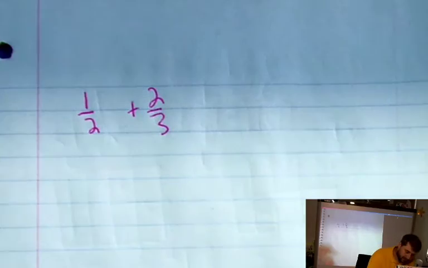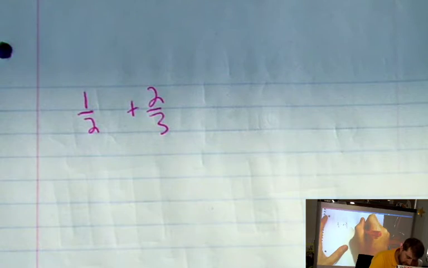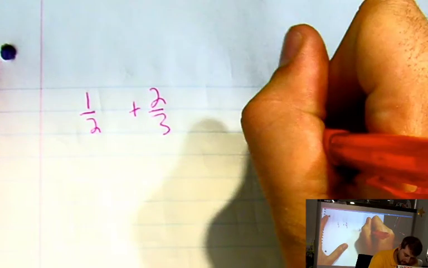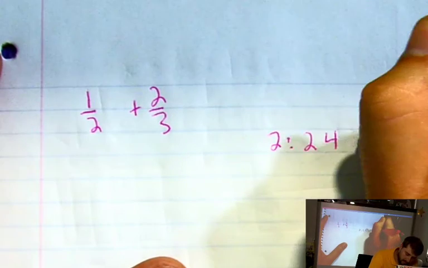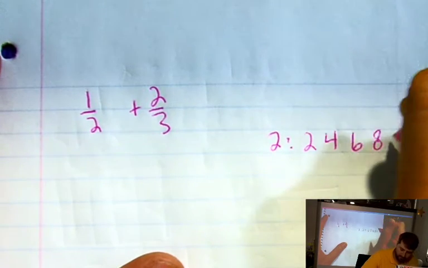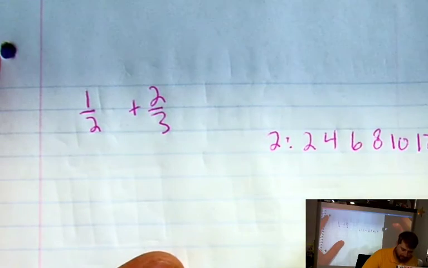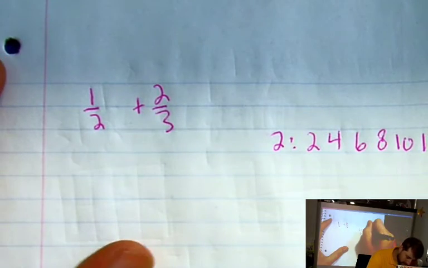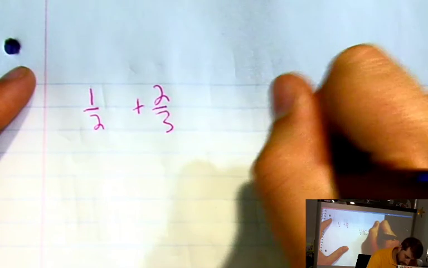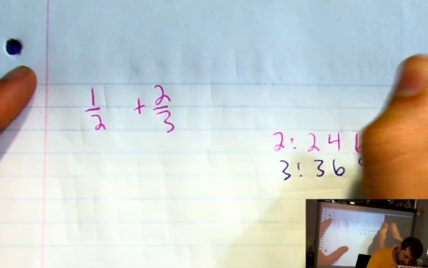Now we want to list our multiples of 2 off to the side here. So 2 times 1 is 2, 2 times 2 is 4, 2 times 3 is 6, 8, 10, 12, and so on and so forth. And then we're going to list our multiples of 3. So we do 3, 6, 9, 12, 15, 18.